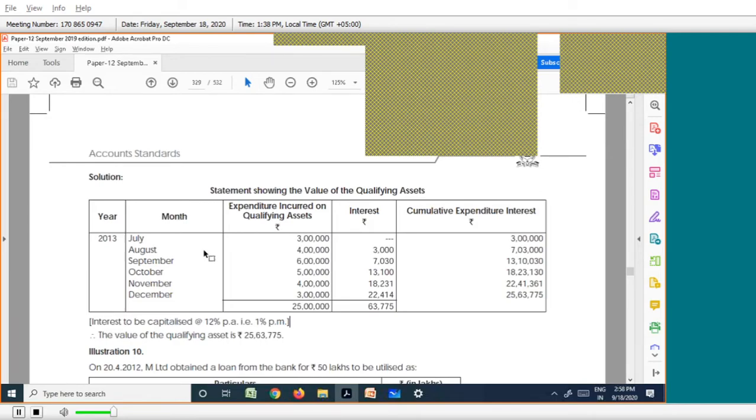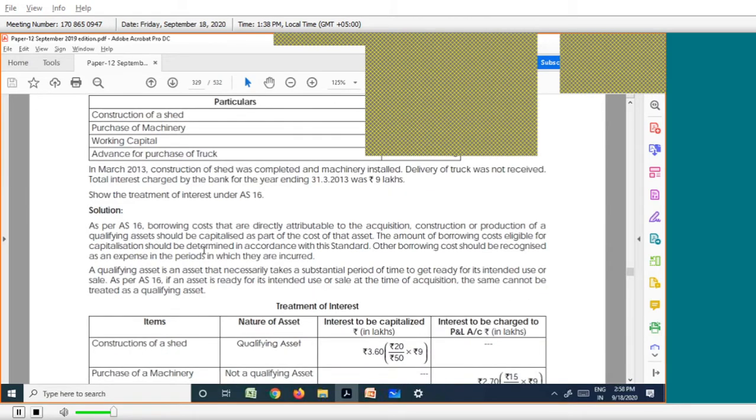So what I feel is this AS 16 is completed. We'll move on to the next standard, that is AS 17.